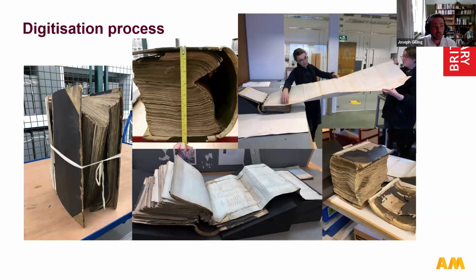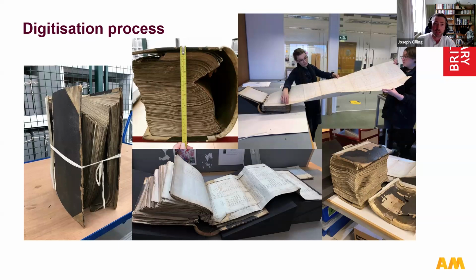To talk about the digitisation process, as Margaret just outlined, the material in IOR dates from about the 17th century onwards. It is an extensive collection, a huge amount of material, and as you can see, some of it is in quite poor condition. I think those examples highlight not only the challenge posed for digitizing this material, but also why it's so important for us to make these digital facsimiles of these items.